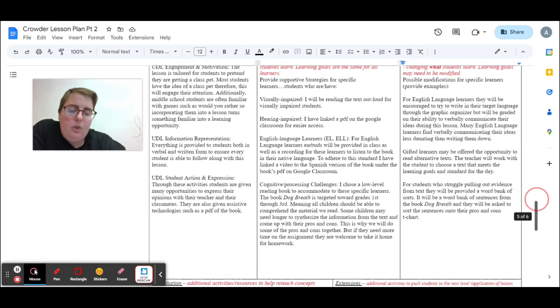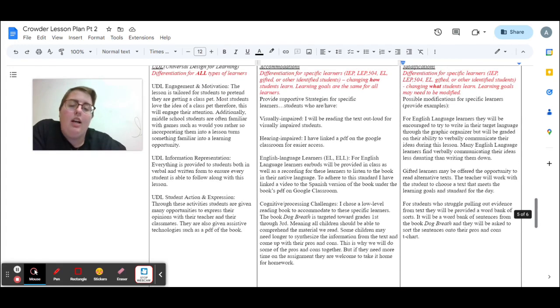I did put that if they need more time on the assignment, they are welcome to take it home for homework. Or, while students are working independently on their graphic organizers, once I get them started, I could have a group of students who really need help come sit around my desk, and I would help them.